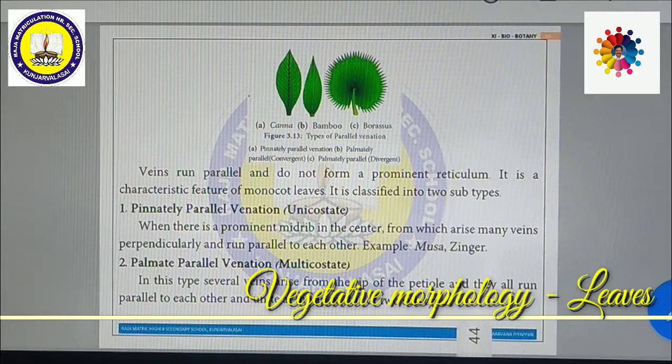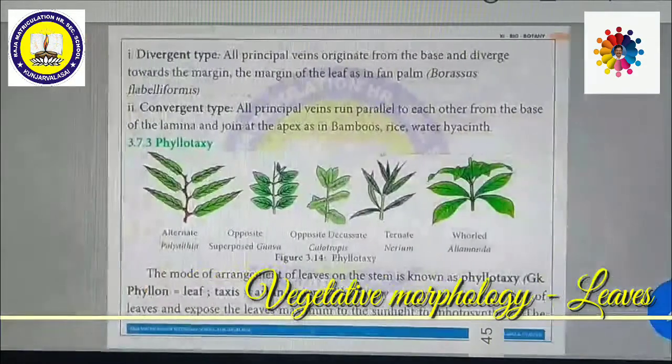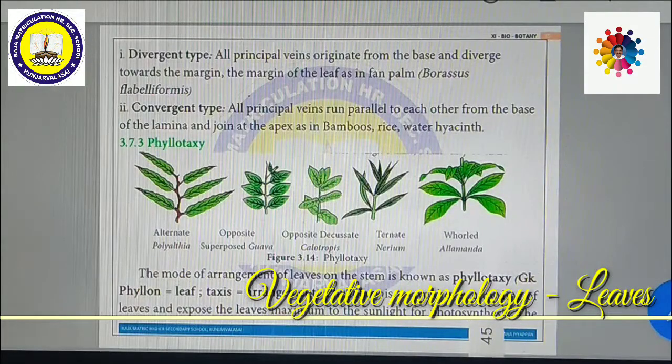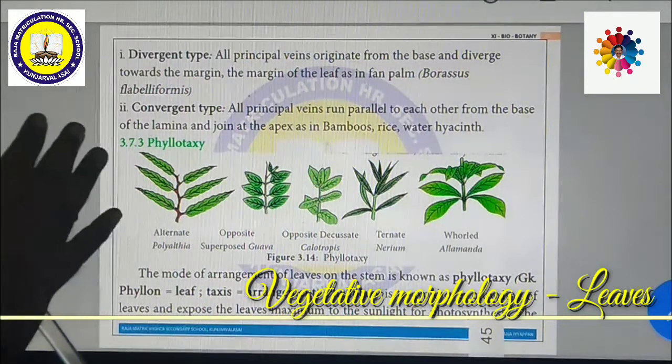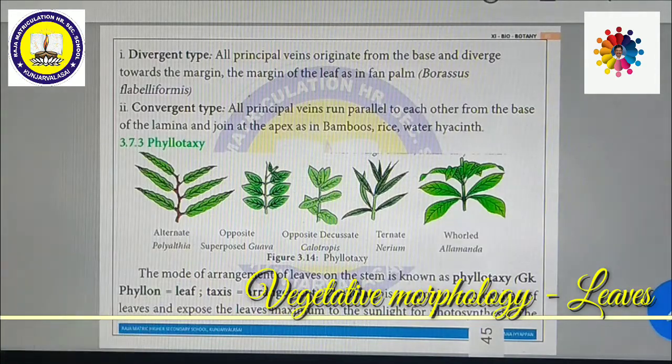It is further divided into two types, namely divergent type and convergent type. In the divergent type, all principal veins originate from the base and diverge towards the margin of the leaf, as in fan palm, Borassus. Borassus means panema.